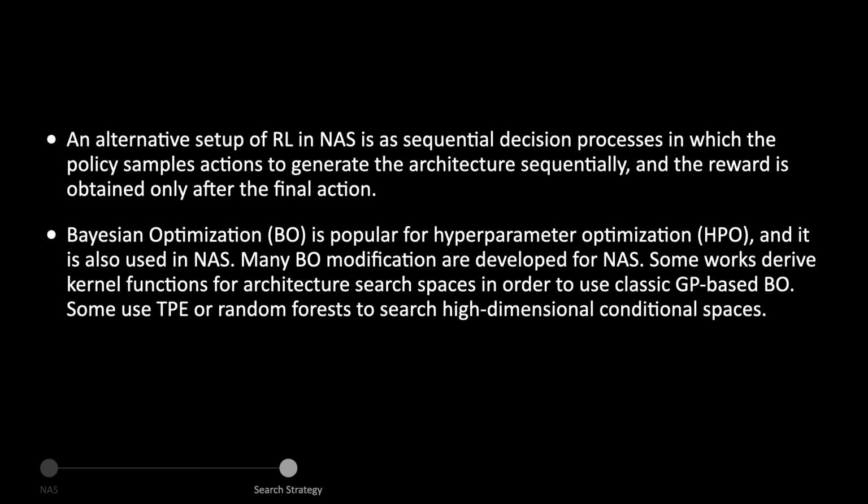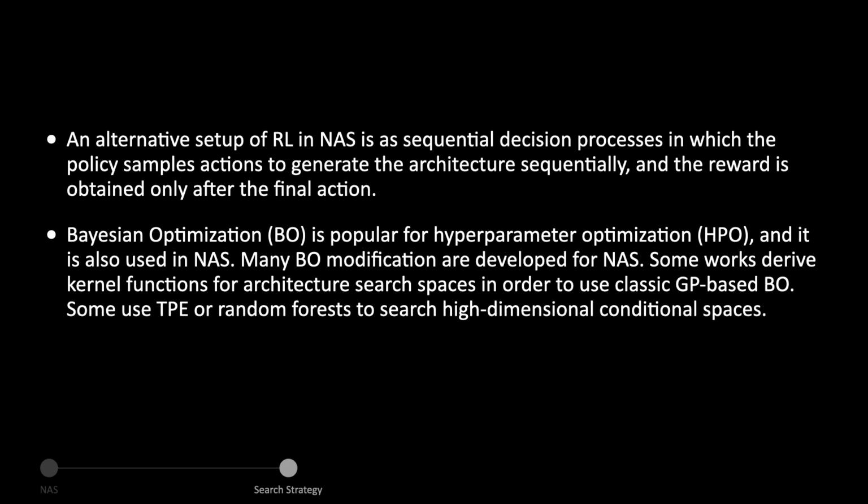Bayesian optimization (BO) is one of the most popular methods for hyperparameter optimization (HPO), and it is also used in NAS. Typically, BO tools are based on Gaussian process and focus on low-dimensional continuous optimization problems. Therefore, many modifications are developed for NAS.